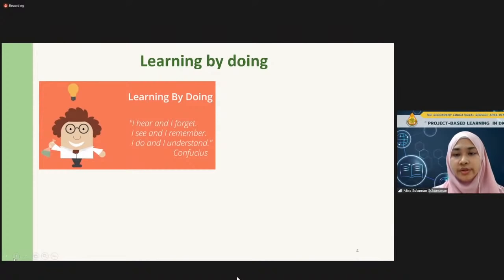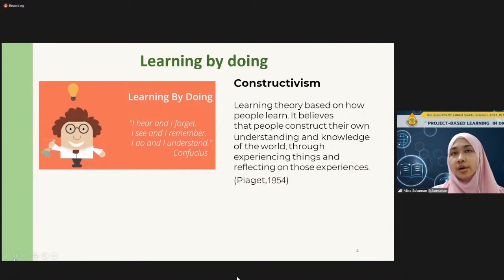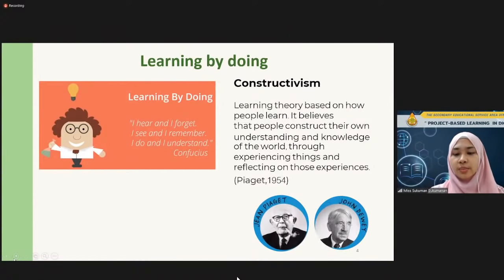Learning by doing focuses on the student participating with the environment, and then they carry out physical activity. And this learning by doing falls more under constructivism theory. Constructivism theory was developed by the popular educators Jean Piaget and John Dewey.